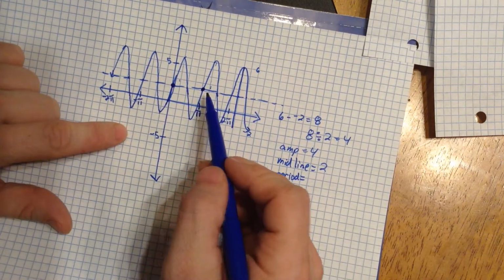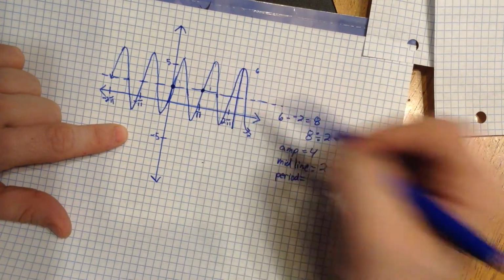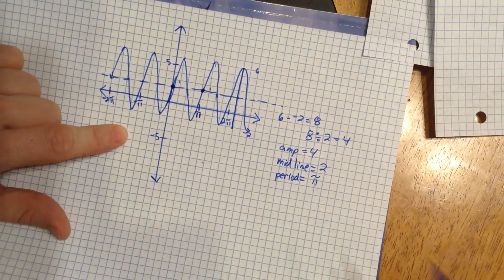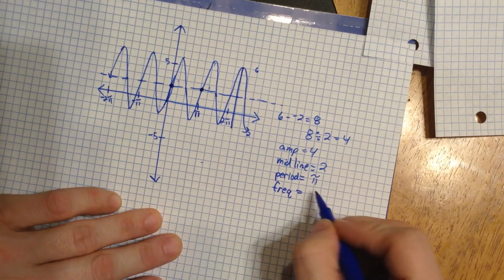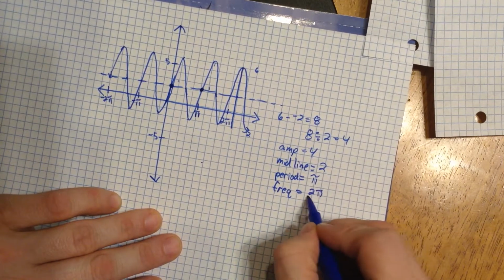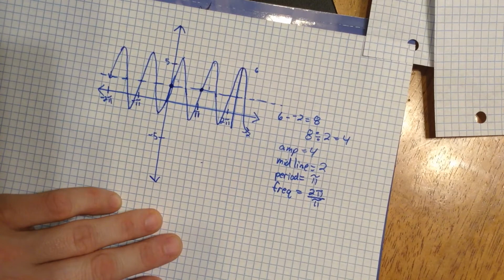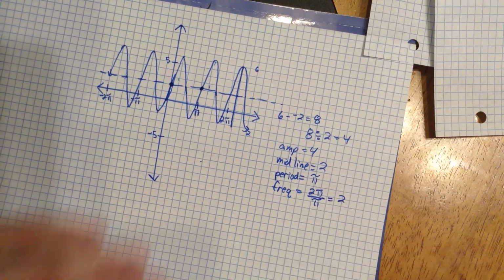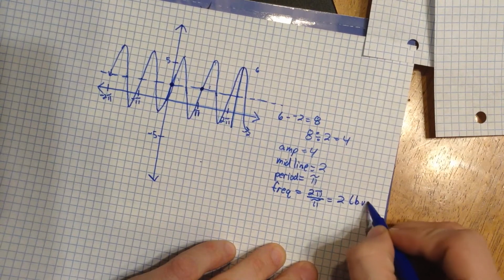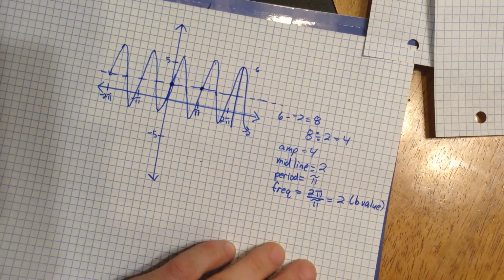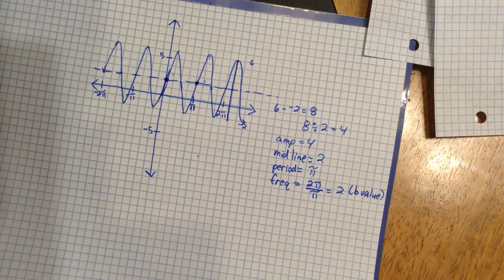That distance is pi, because then it's going to repeat the cycle. So the period is pi. So if the period is pi, the frequency is 2 pi over the period. So the frequency is 2. This is our b value in our function, which we'll go over in a minute.